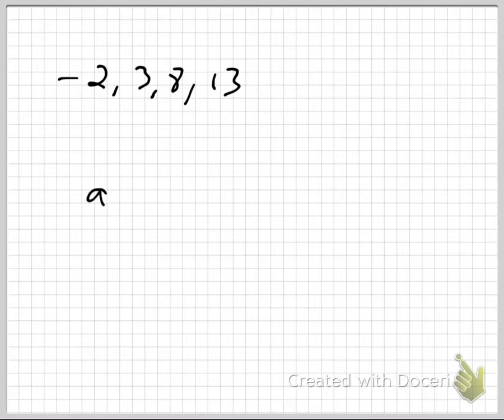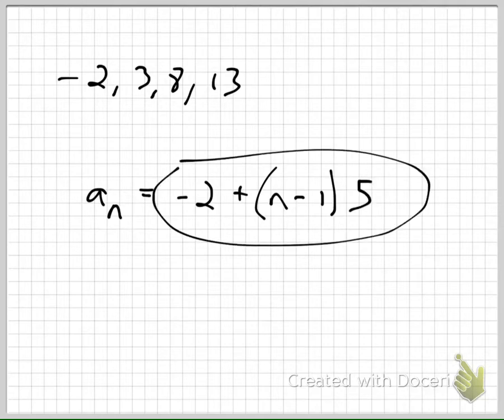So it would be A_n equals, what's A_1? Negative 2 plus, what is the n? We don't know. n minus 1, times, do we know the common difference? Times 5. Can I make that look better?